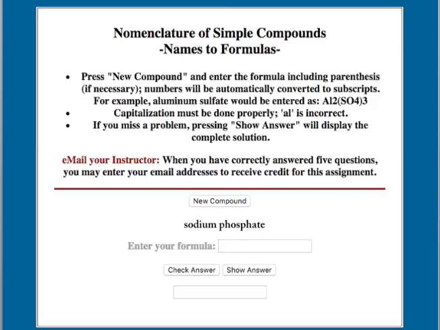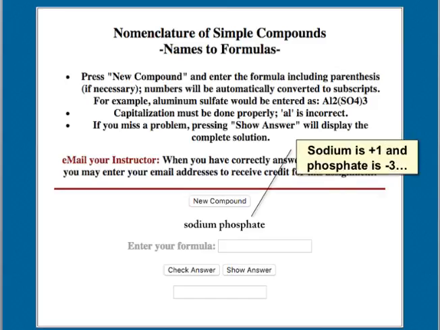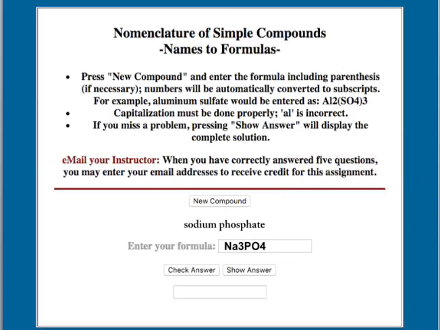Phosphate, remember, was our -3. That's our -3 parent. So we need 3 sodiums for every phosphate. Phosphate is PO4. So we would write 3 sodiums, that's Na3, PO4. Na3, PO4. No space, all on the same line.